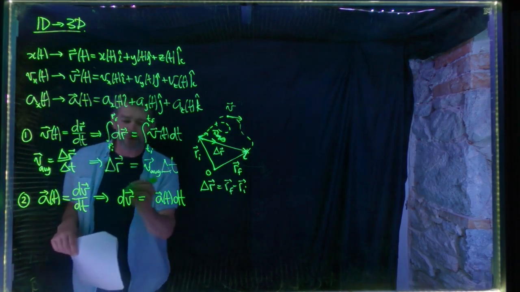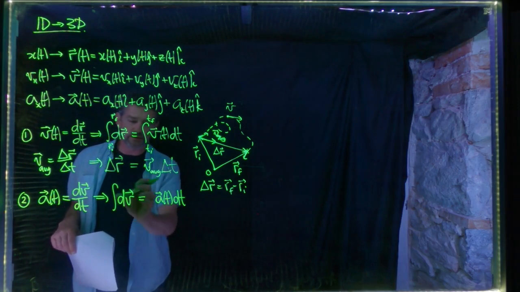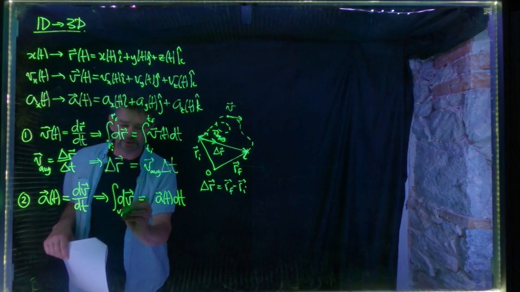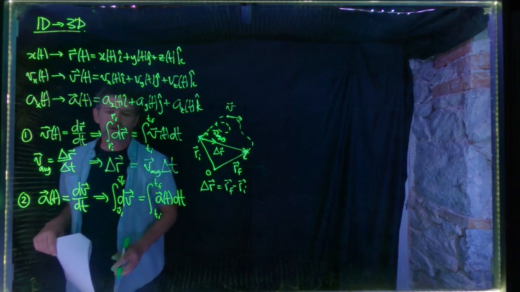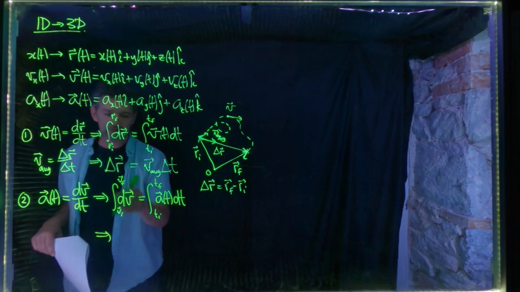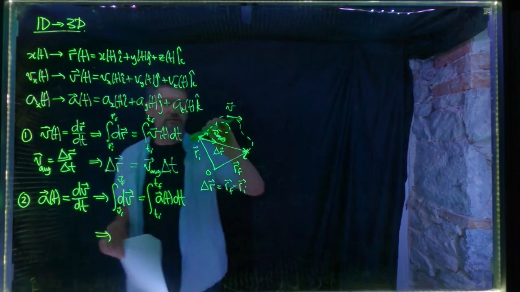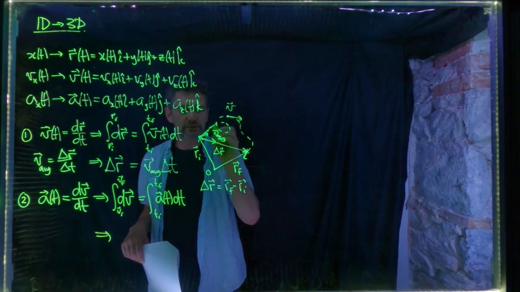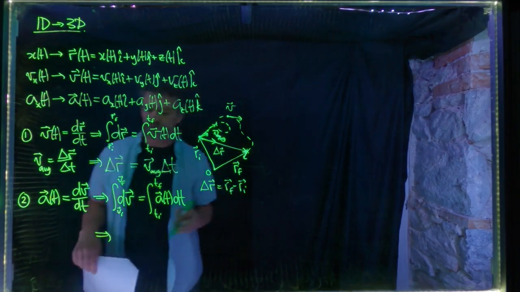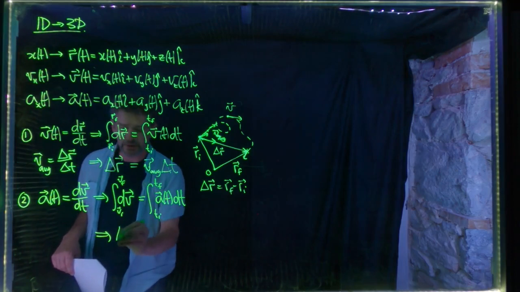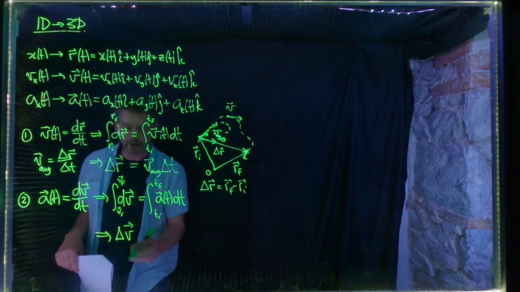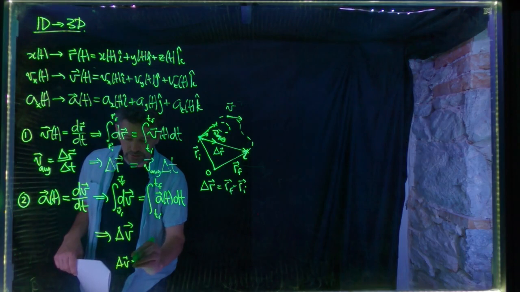And then we do the same thing. We integrate. We sum all of the little changes in velocity from v initial to v final, and similarly we sum over dt from t initial to t final. On the left-hand side, if we add up all the little changes in velocity, we get the net change in velocity, delta v, where delta v is equal to v final minus v initial.